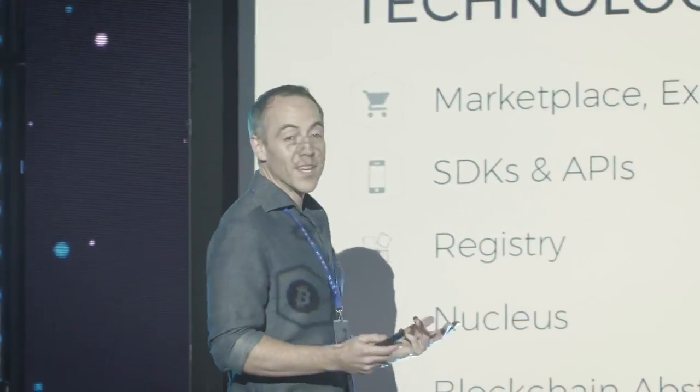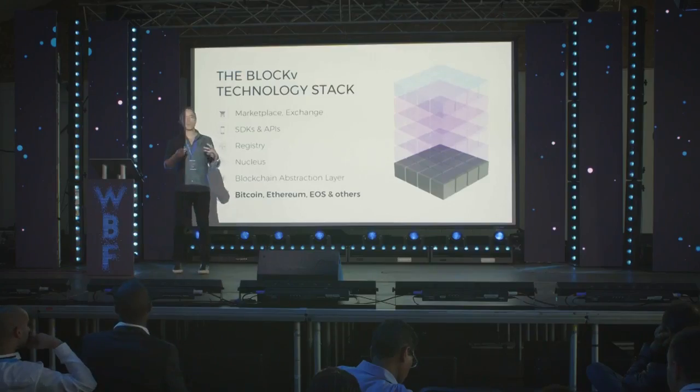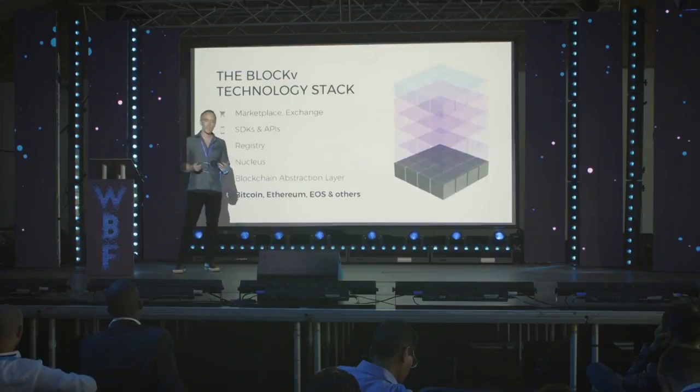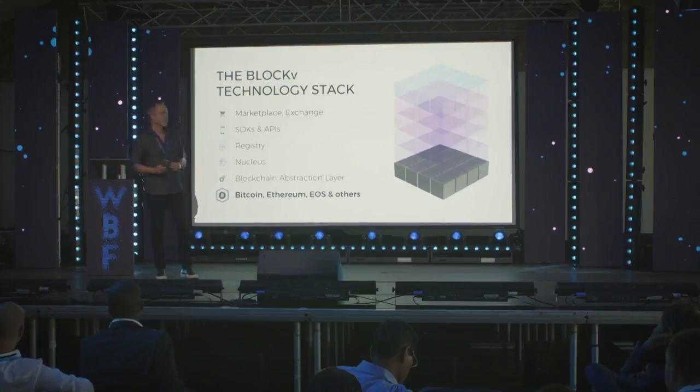So a little bit about the stack and how we've been built. We have the ability to make these tokens to be written to any blockchain. So on the bottom, you've got Bitcoin, Ethereum, EOS, and all the other blockchains to come. We're very bullish on EOS as well. When they fulfill their promise of instant and free transactions, it makes writing to blockchains much more sensible, because today it takes a little bit of time and costs a little bit of money.